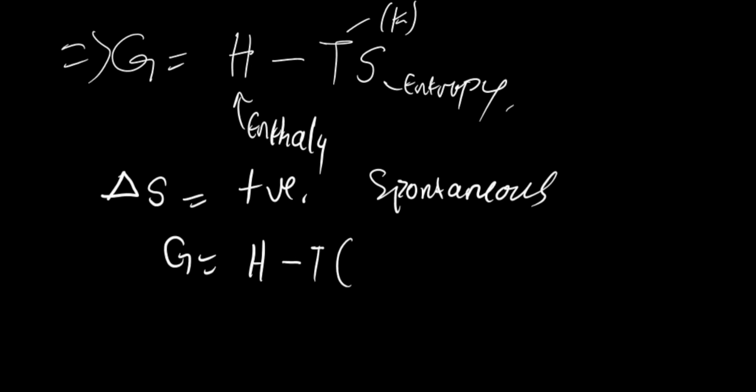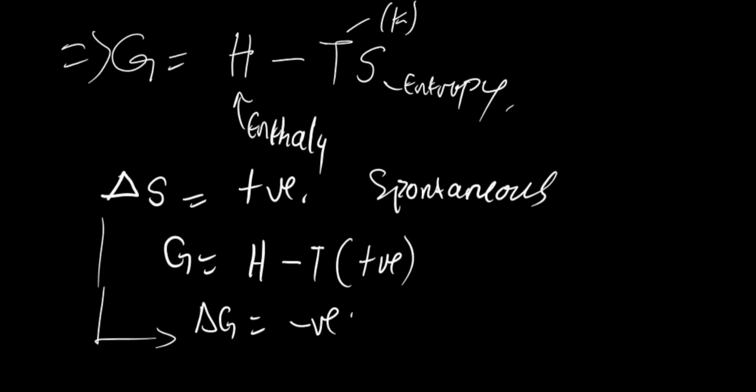But of course, for a spontaneous reaction, entropy must be positive, so we already have this established as positive. The criterion for a reaction to be spontaneous with regards to free energy is that the change in free energy must be negative. So we can see the difference in sign convention. For a spontaneous reaction, entropy is positive and free energy is negative. So it's important for us to take note of that.